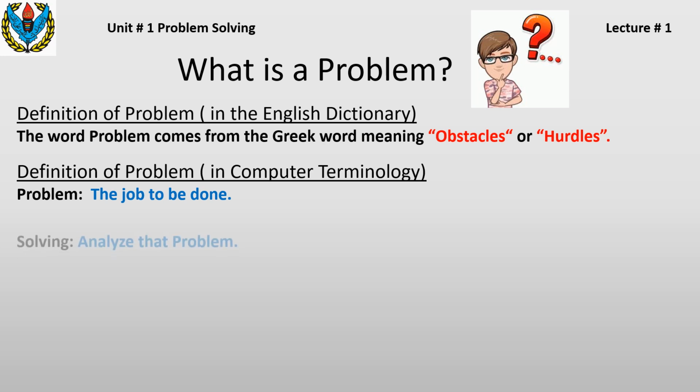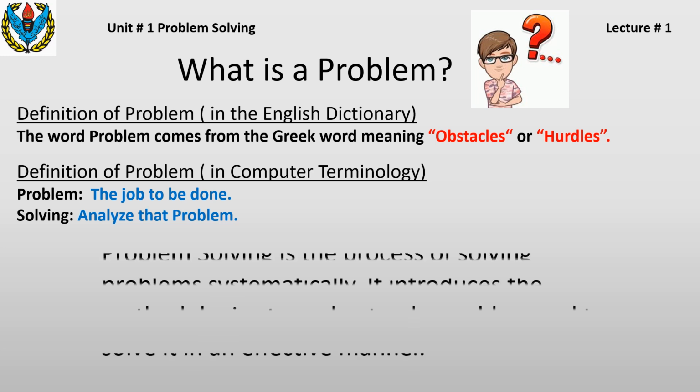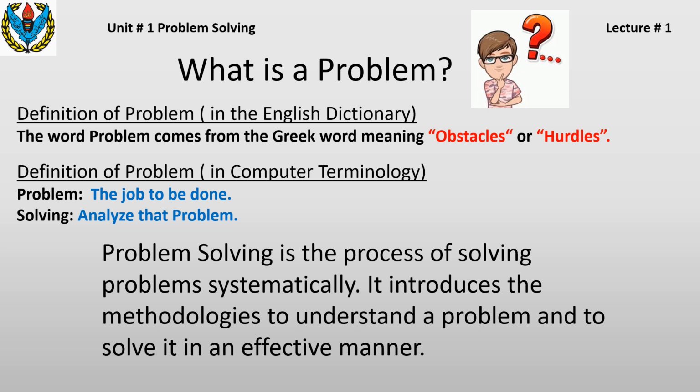Now, solving means to analyze the problem, break it down into its different parts, find the different ways that describe the flow of control and get the best solution. So we can define it as: problem solving is the process of solving problems systematically.